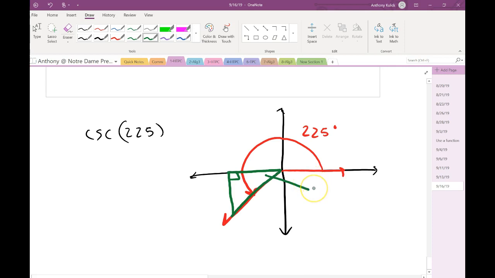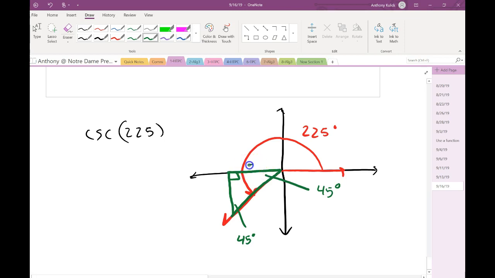Has to be 45, right? It has to be 225 minus 180. It's the whole thing minus that first line. Everybody agree with that? That means that this one is 45 degrees also, and what we have is a 45, 45, 90 triangle.